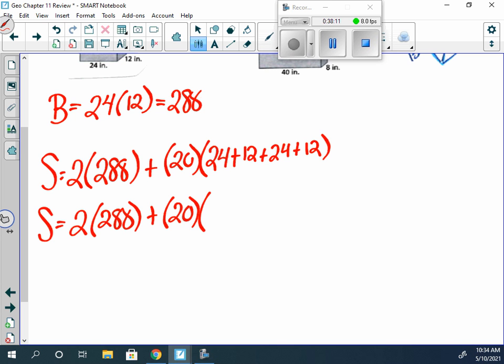Or if we do 24 plus 12 is 36, and 36 plus 36 is what? So the surface area for this solid is 2016. Any questions on how we found the surface area for 39?